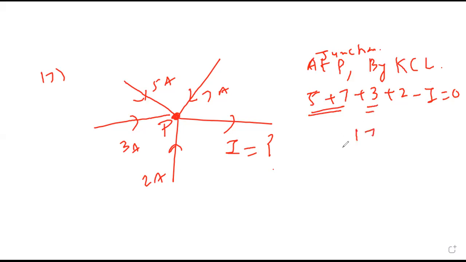Sorry, 3 is going out, not entering. So minus 3, 2, 5, 7. 7, 5, 12. 12 minus 3 is 11, minus I is 0, therefore I equal to 11 ampere. This is Kirchhoff's current law.